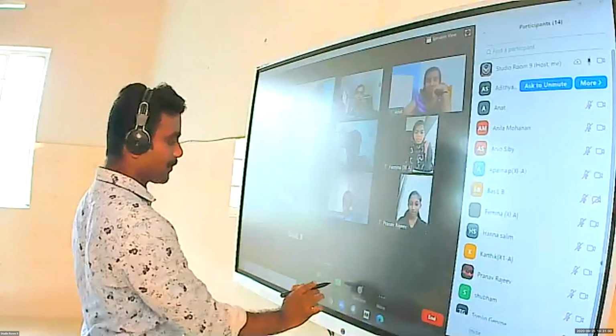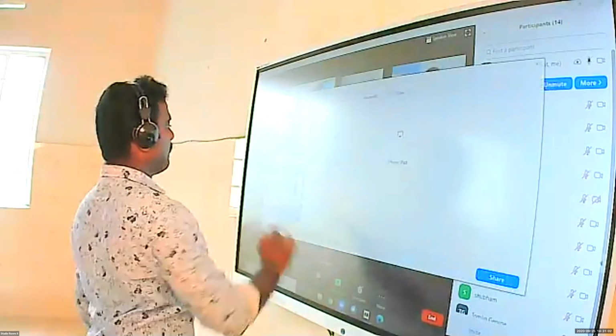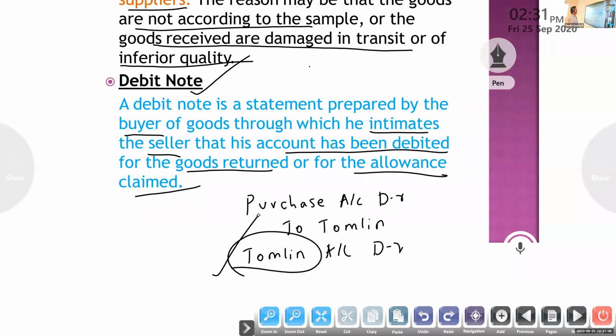Okay, now I understood. So purchase return book. Debit note is a statement prepared by the buyer through which he intimates the seller, the supplier, that his account has been debited for the goods returned or for the allowance claimed. So that is related to purchase return.